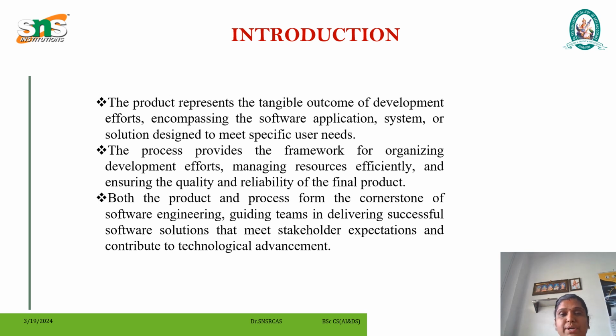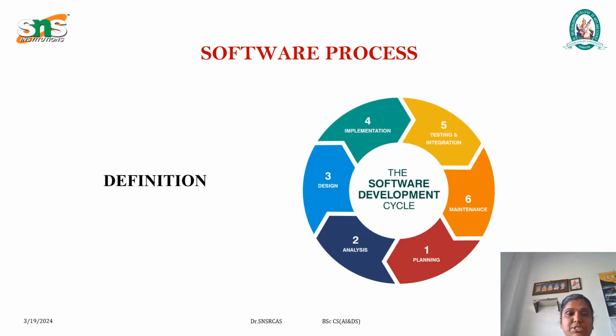The process provides the framework for organizing development efforts, managing resources efficiently, and ensuring the quality and reliability of the final product. Both the product and process form the cornerstone of software engineering, guiding teams in delivering successful software solutions that meet stakeholders' expectations and contribute to technological advancements.